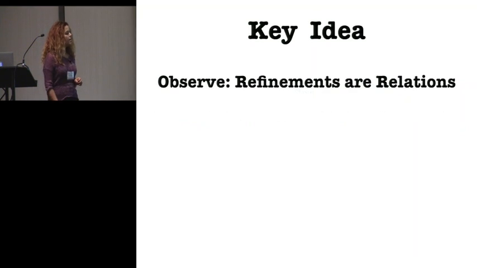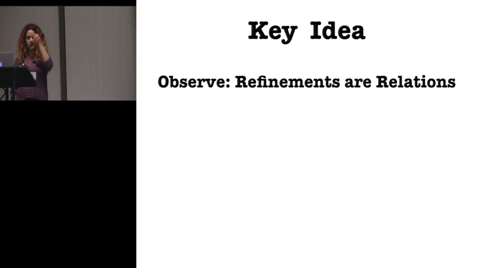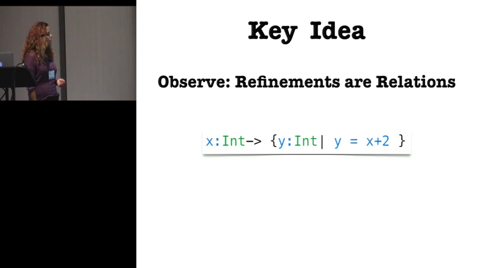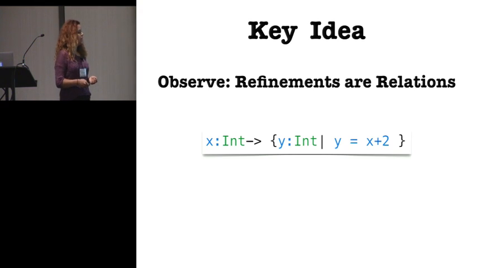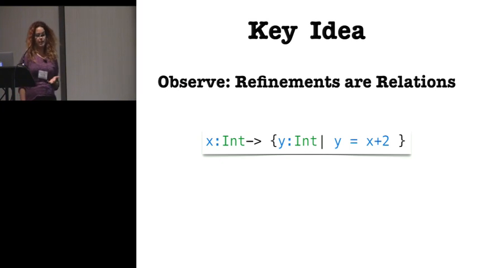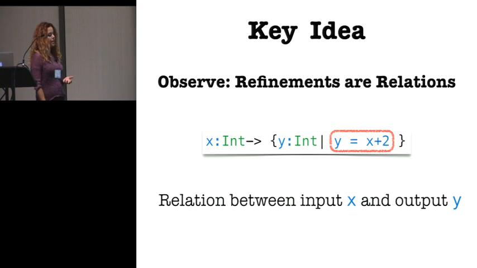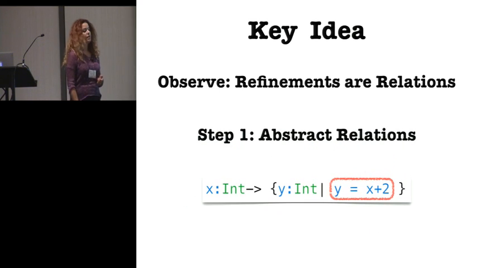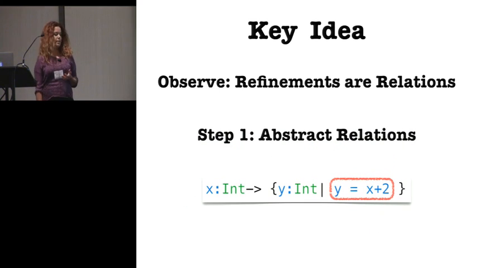Towards this goal, we make a key observation, that is that refinement types are relations. For example, this refinement type says that my output y is equal to my input x plus 2. So this is actually a relation between my input x and my output y. My first step is to abstract over these relations.